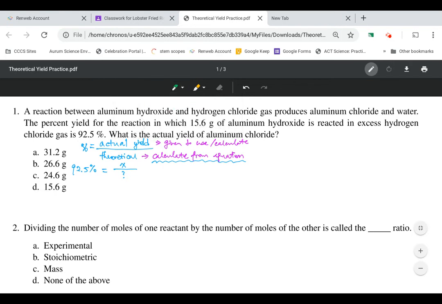Our chemical reaction is aluminum hydroxide, AlOH3, plus hydrogen chloride HCl gas gives you aluminum chloride, AlCl3, plus water.